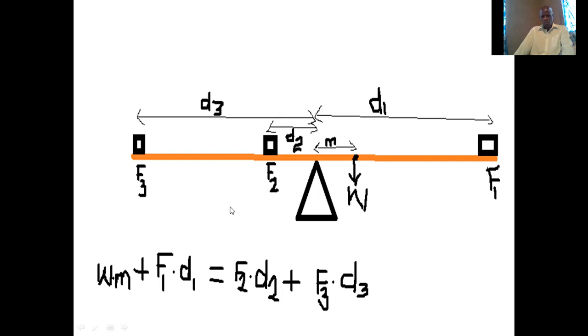So you add the two moments in the anti-clockwise direction. And if the system is in equilibrium, if it balances, it means that the moments which we have added in the clockwise should be equal to the moments which we have added in the anti-clockwise.